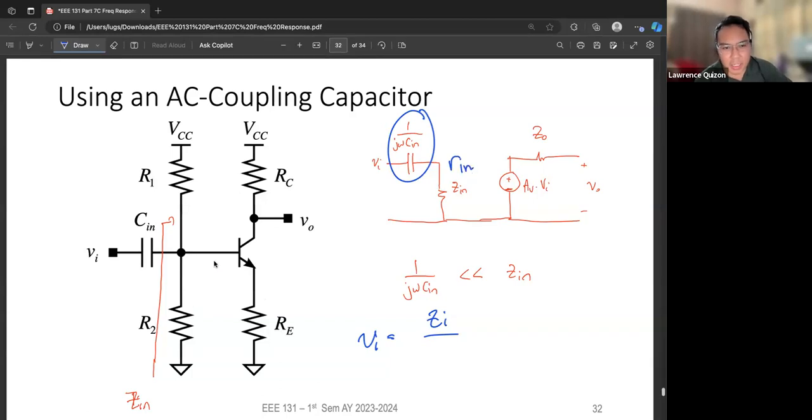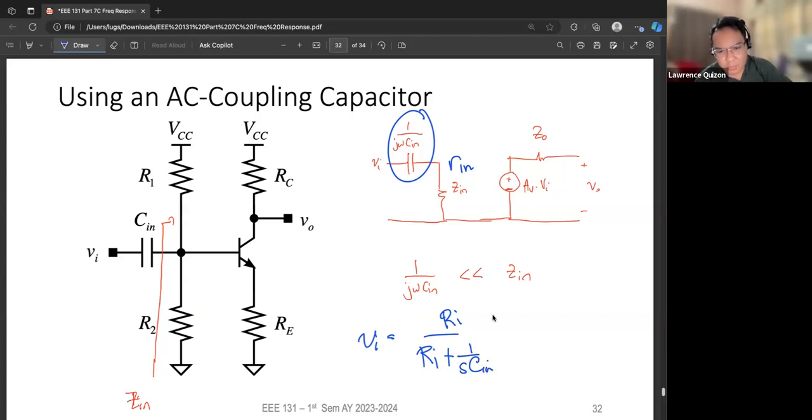Let's call it RN. Assume na walang parasitics yung BJT, no? First, let's do that, no? So meron tayong R pi over R pi. Actually, original Rn over original Rn plus 1 over SC in.